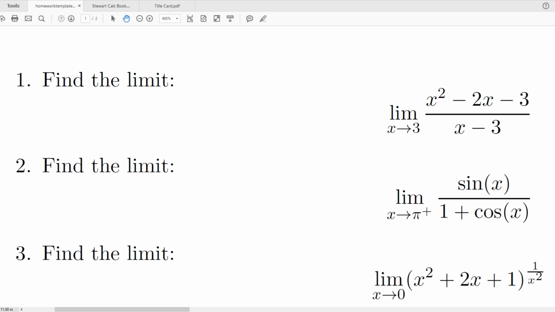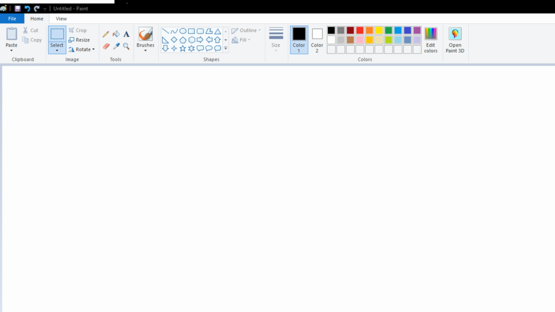I guess before we go on, I'm going to set up some hotkeys so I can switch between the two cameras. Maybe I don't know how to do that. Okay, that's fine. We'll just switch manually. There we go. So here's our limit. We have the limit. Let's get the right tool.